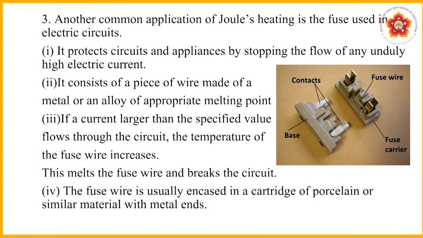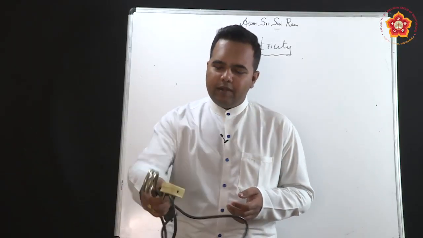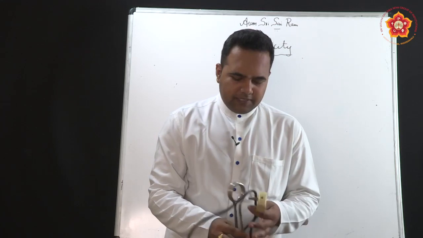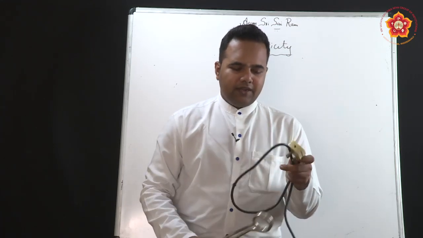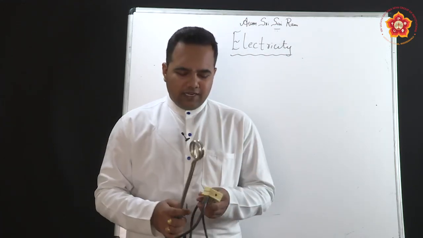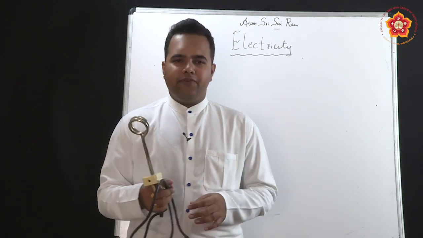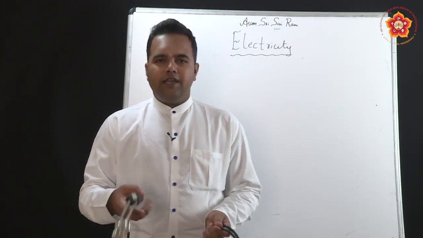So with this we conclude the lecture on applications of electric current, but before that I would like you all to observe this particular equipment which we use generally in our day-to-day life. This is the water heater in general.